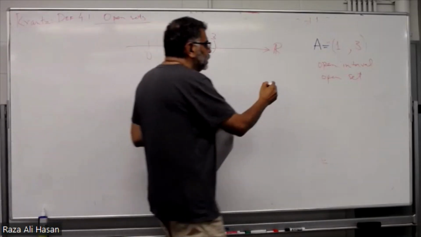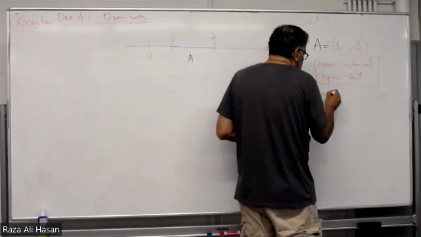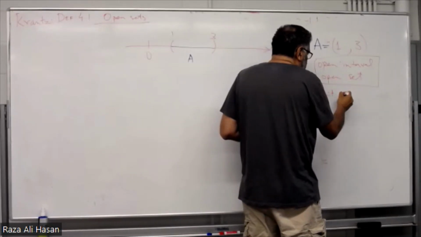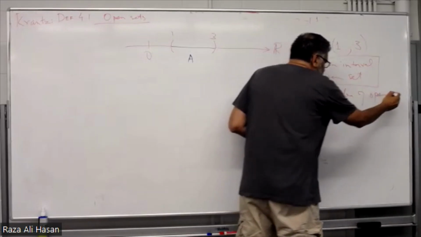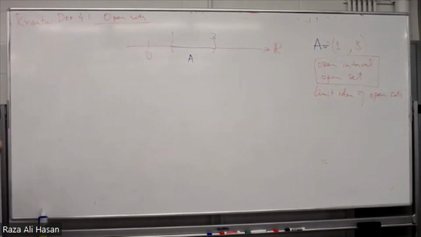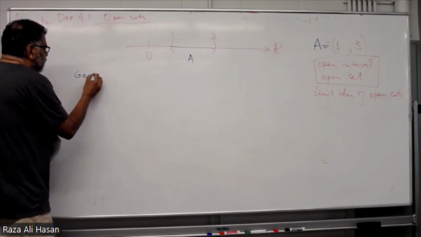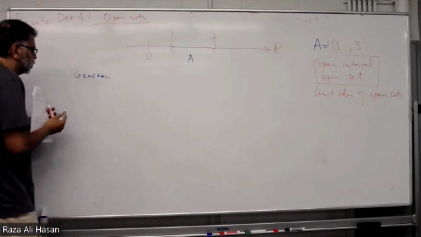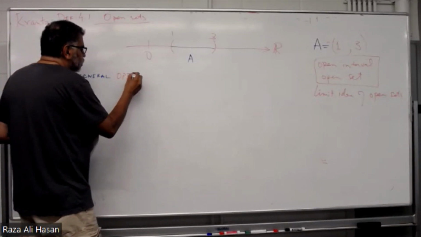This is kind of a limited idea of what an open set is. So in this definition by Krantz, we're going to look at a more general idea of what an open set is.